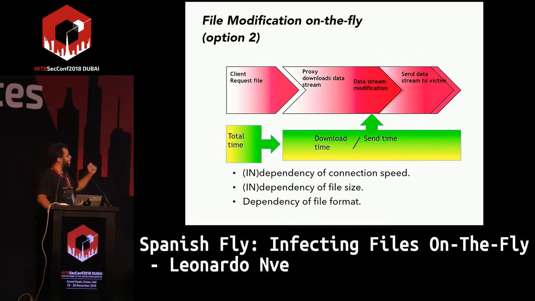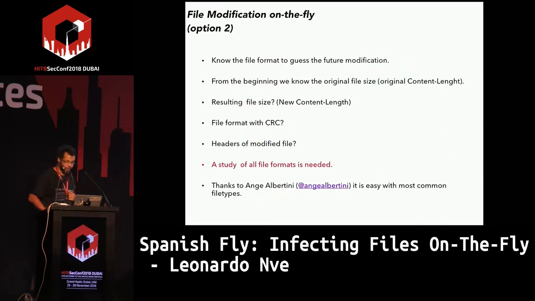Now, we have to know how to modify that data stream before having the complete file. So we are going to see that we now depend on the file format. So, some facts. If we know the file format and we know how we are going to infect and modify it, we can guess the future modification of the file.